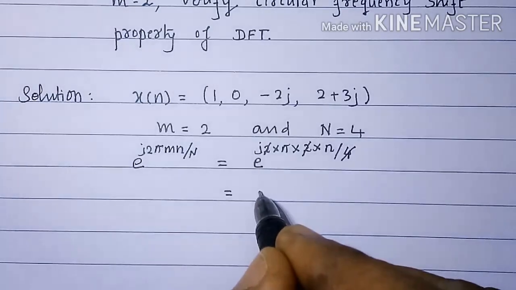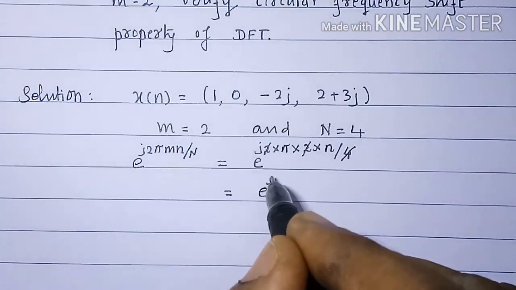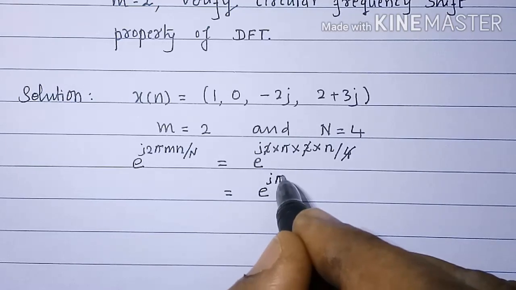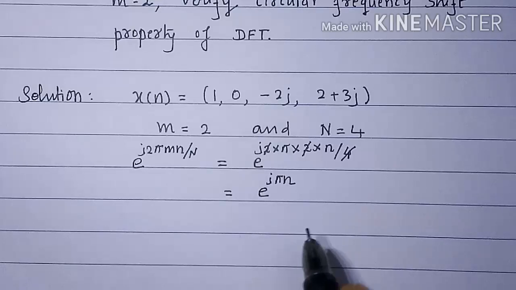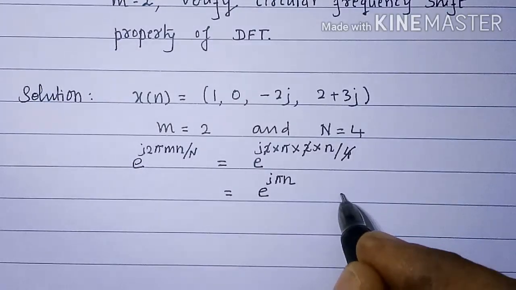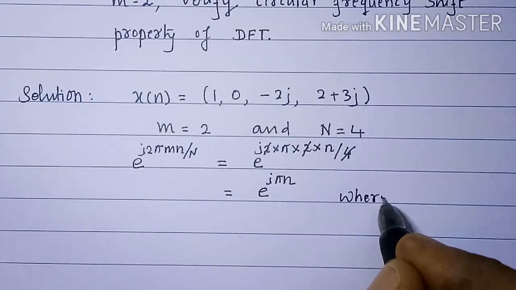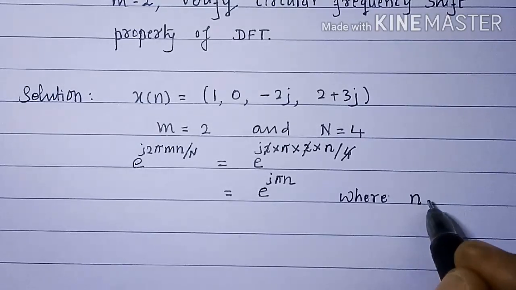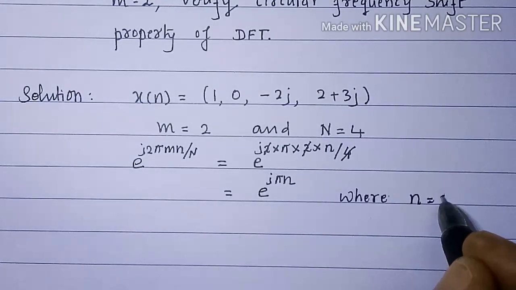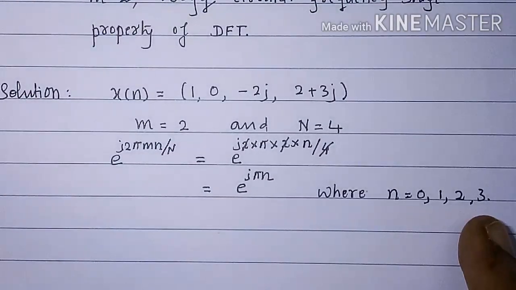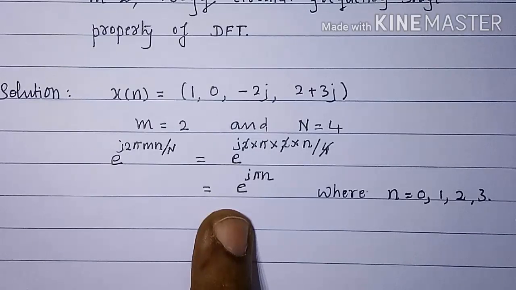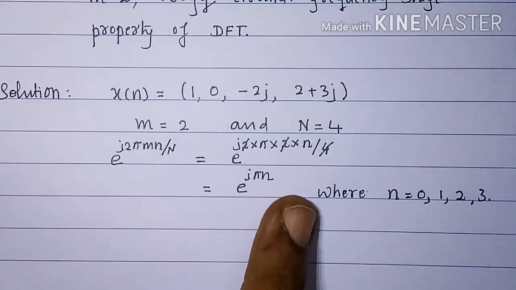Therefore, we get e raised to j pi n. Here, n values are 0, 1, 2 and 3. For these values, we will find e raised to j pi n.